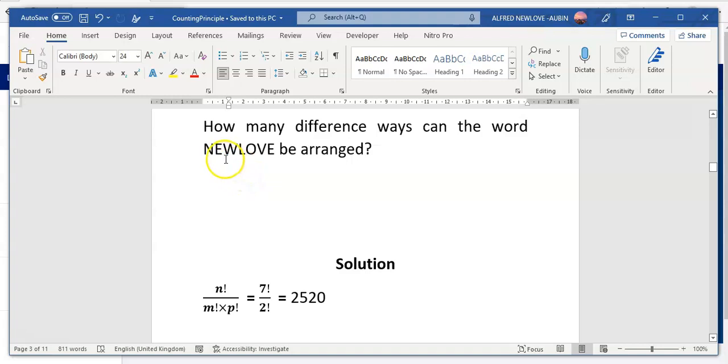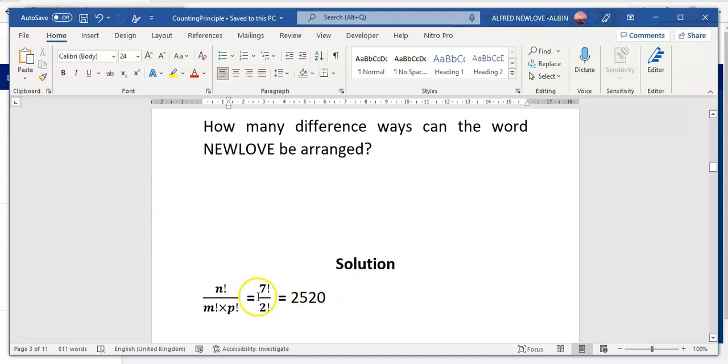How many letters repeat here? Only 1 letter repeats, that is E. And E repeats how many times? 2. 1, 2. Alright. So here, you see that E repeats 2 times. So you count 1, 2. So that is 2 factorial.